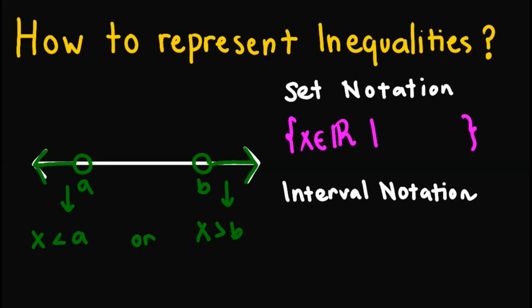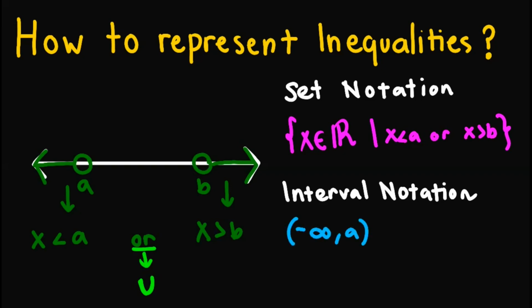So to set it up in set notation, we simply copy and write x is less than A or x is greater than B. For interval notation, similar to sets, or out here represents union. So we'll have here, first, the interval on the left from negative infinity to A, union B to positive infinity.